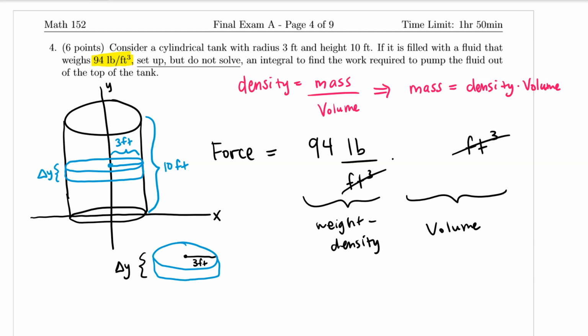And because it's a circular disc, the volume of this disc, or slice, is equal to pi times the radius squared times the height. So this is equal to 9 pi times delta y. And so there is our force if we multiply those two quantities together.